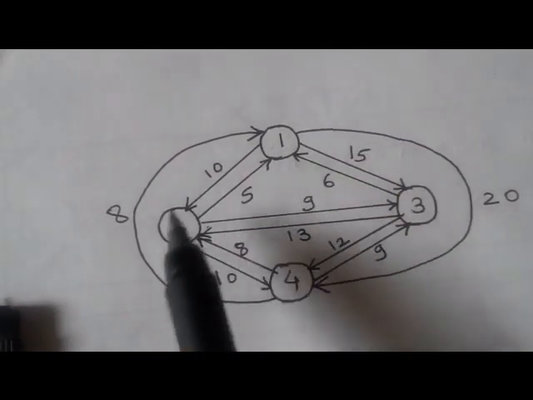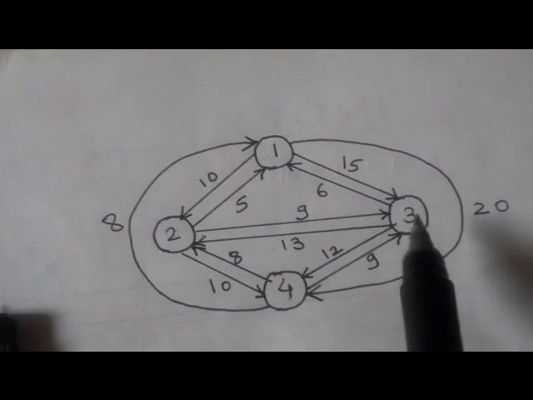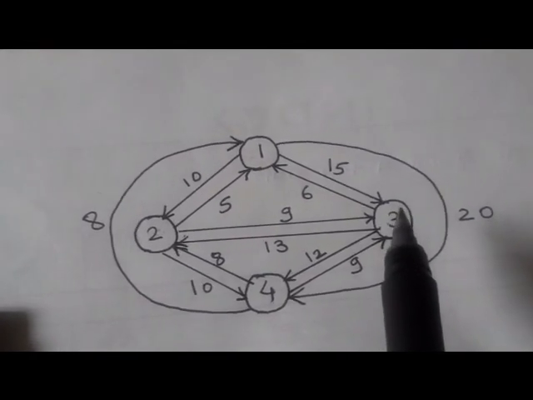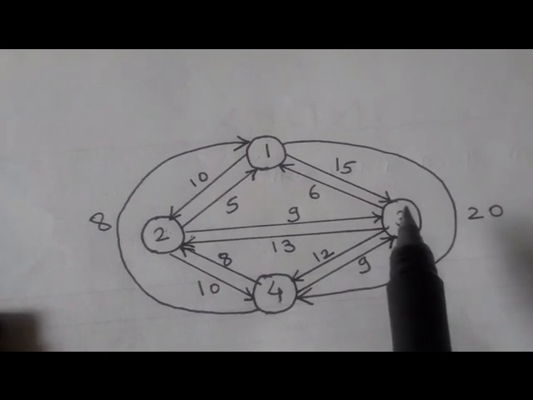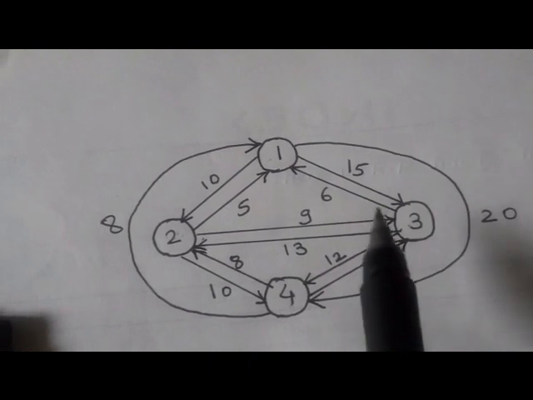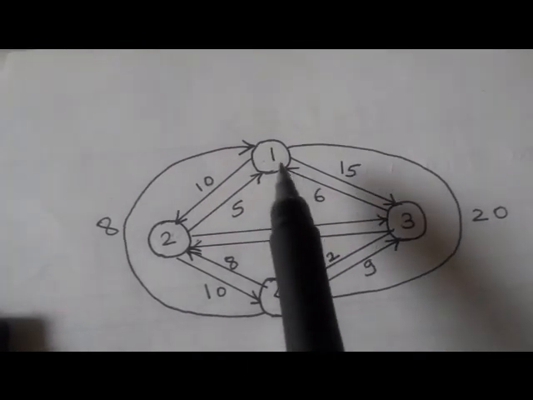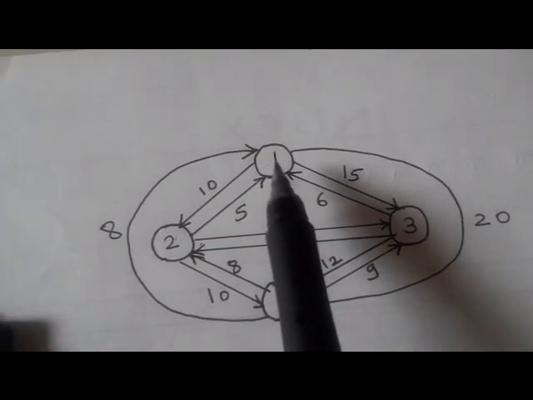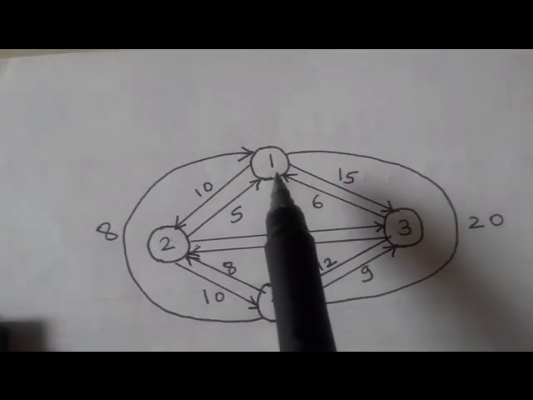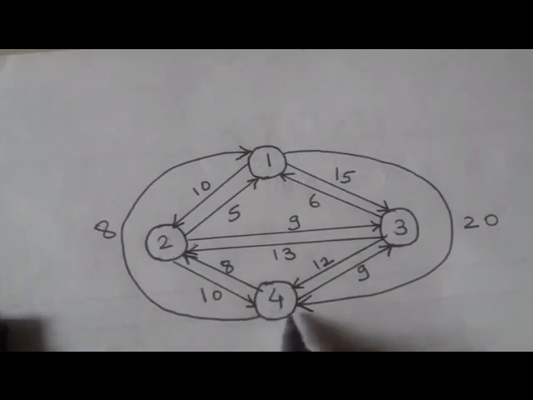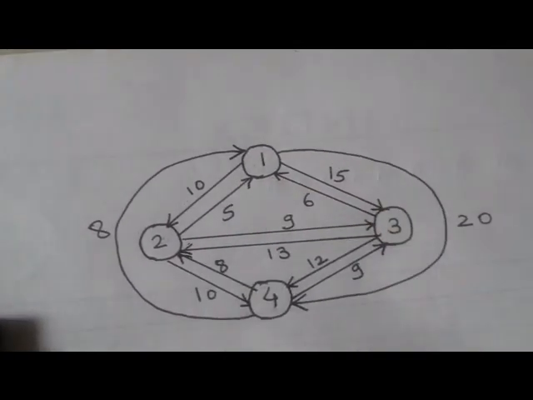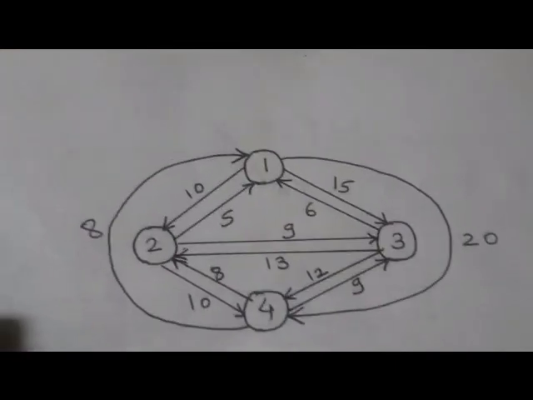So we have visited 1, 2, 4 and then 3, all the vertices. Now we have to return to our starting vertex, so we use the edge 6 to reach our starting vertex. So our Hamiltonian path is 1 to 2, 2 to 4, 4 to 3 and 3 to 1. So this is our second Hamiltonian cycle.